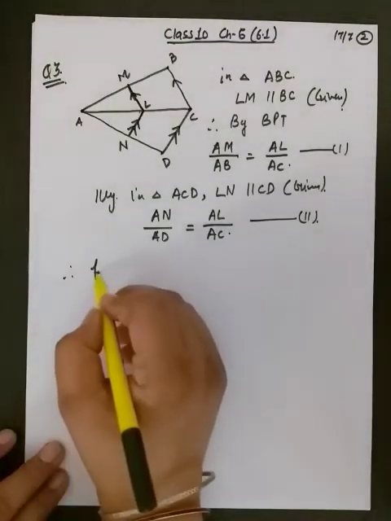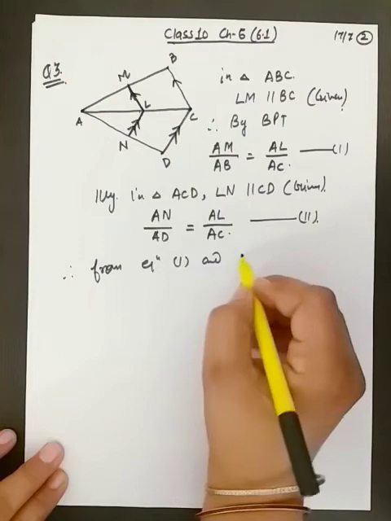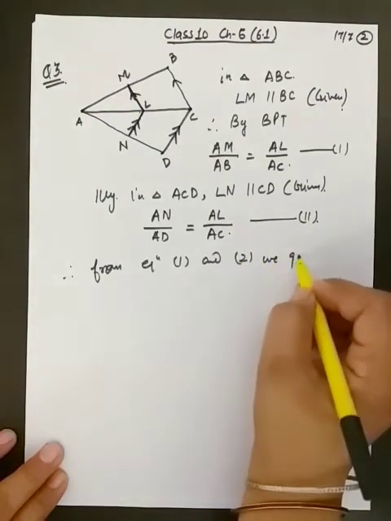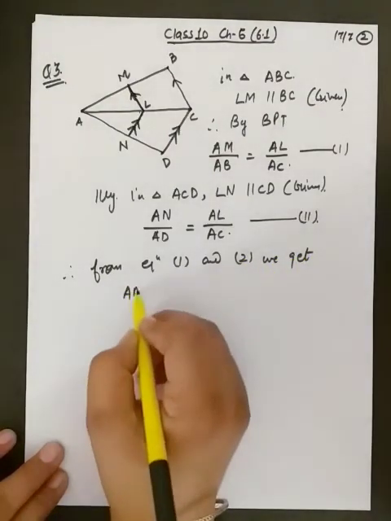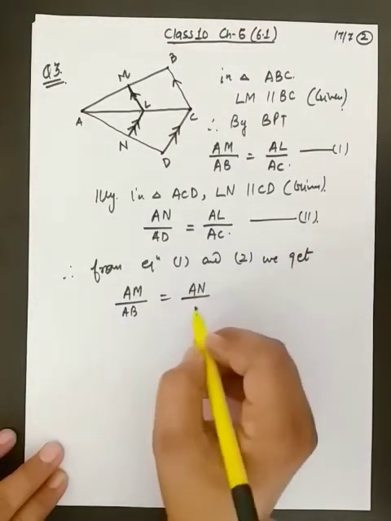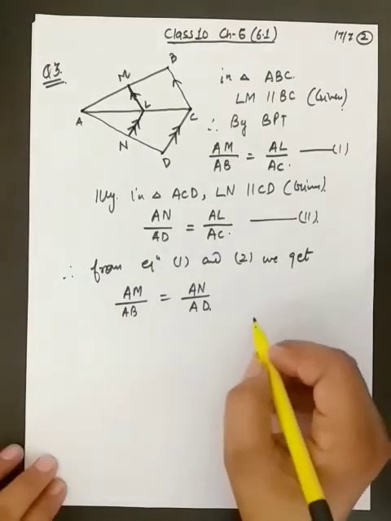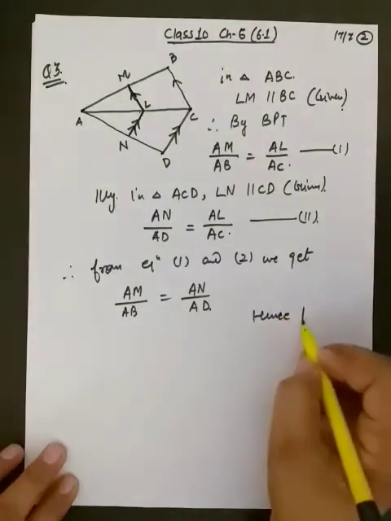Therefore from equation 1 and 2 we get AM/AB is equal to AN/AD, and this is what you had to prove. Hence proved.